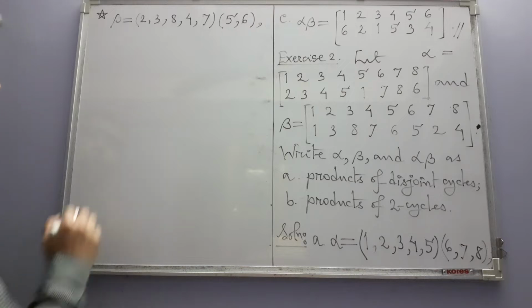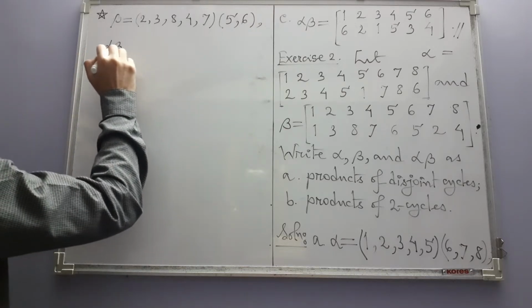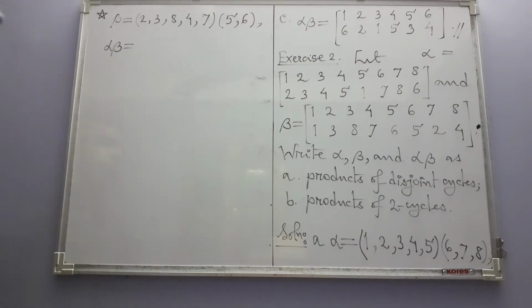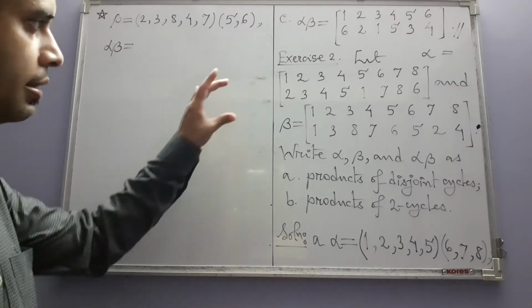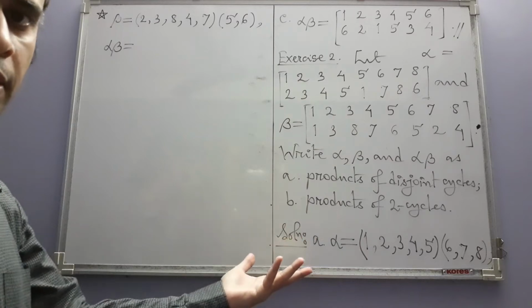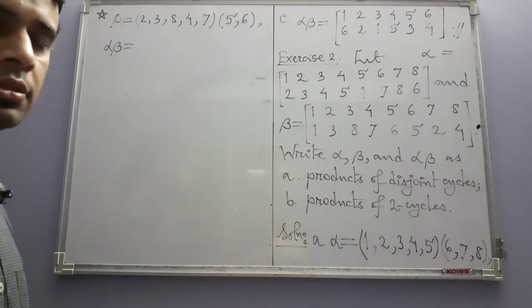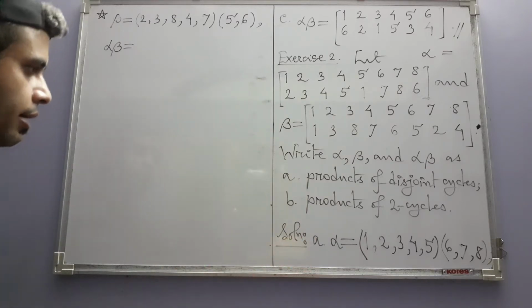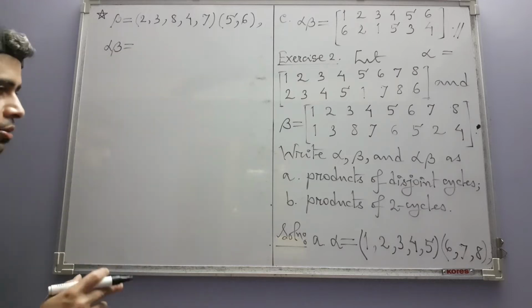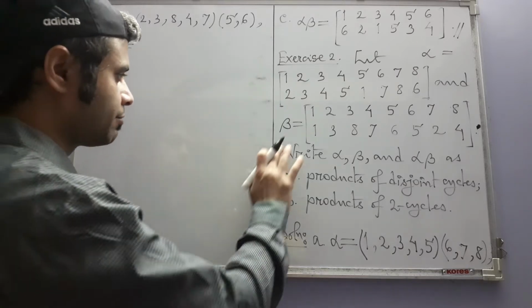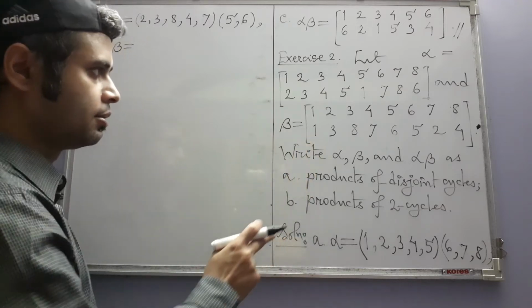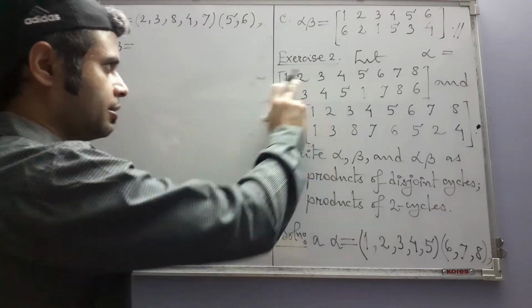And alpha beta. If you want to first calculate alpha beta in this format, you can do that, but actually there is no need to do that. We can directly write the cycle decomposition for alpha beta. You have to make sure that you are looking at beta first and then alpha.